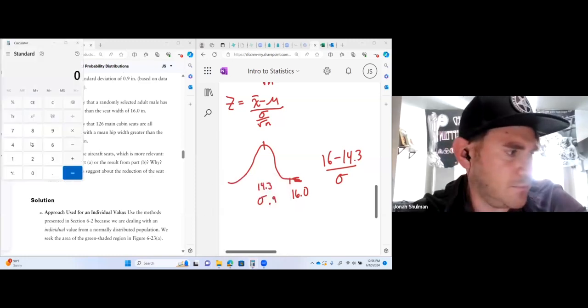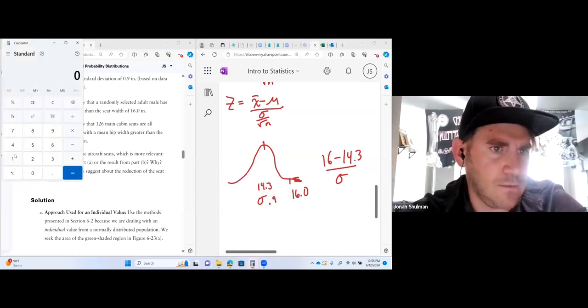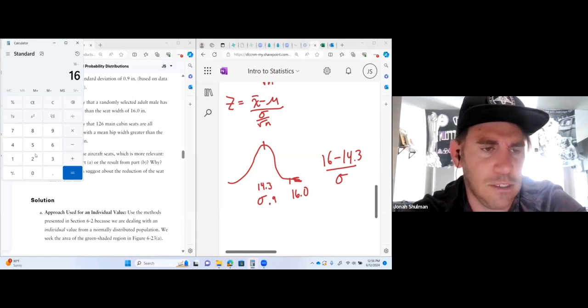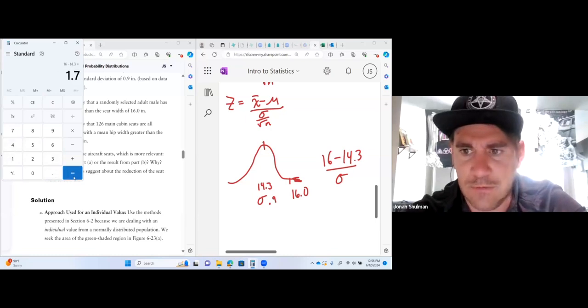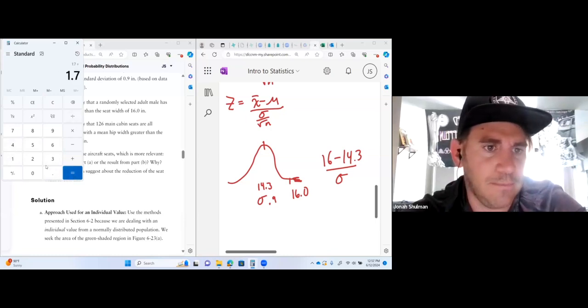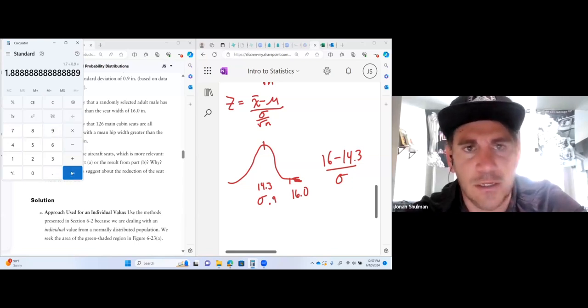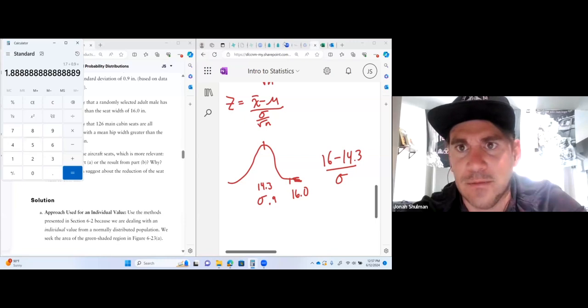So here we go. 16 minus 14.3, 1.7, and we're dividing this by 0.9. So we have 1.8888 is our z-score, or 1.89.